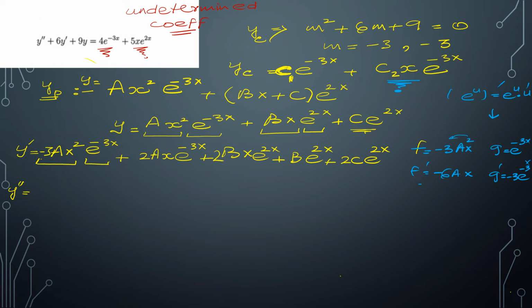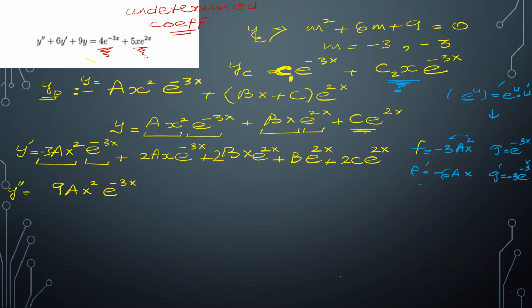So here I will apply the product rule. My f as it is, minus 3ax square, times g prime, which is minus 3e to the power of minus 3x. So minus 3 times minus 3 gives me positive 9. Be careful and concentrate fully to avoid mistakes.